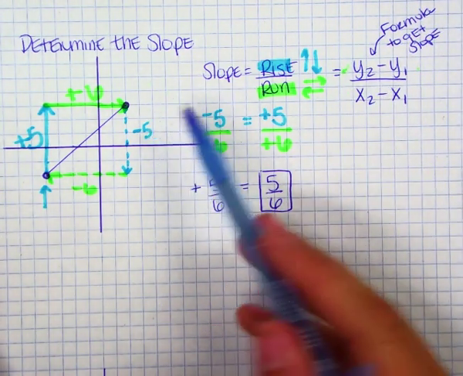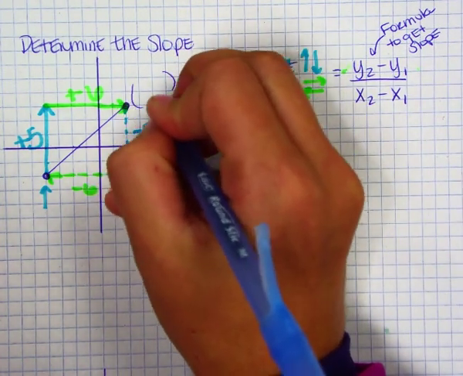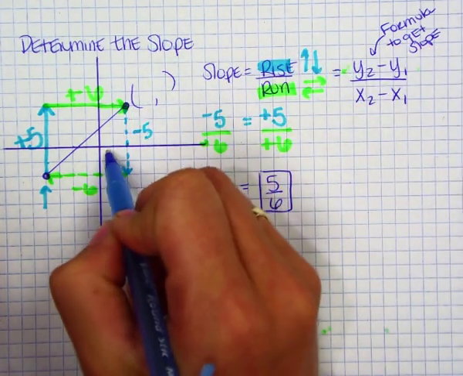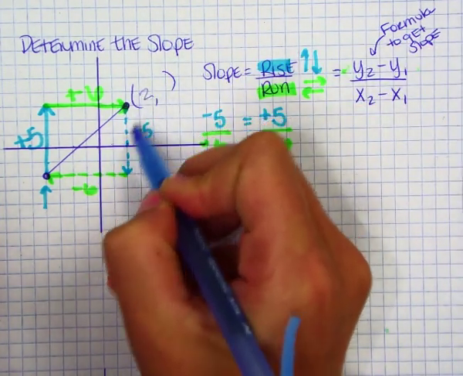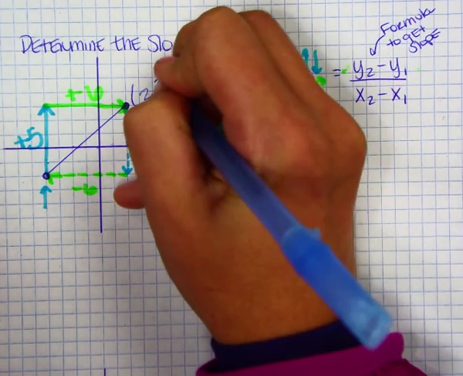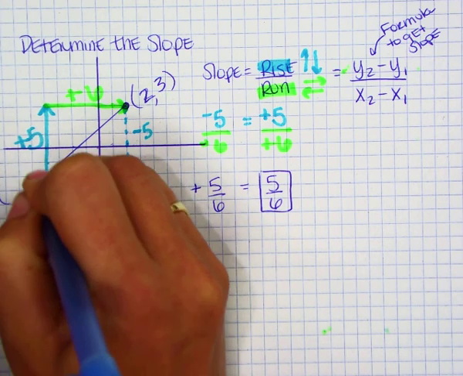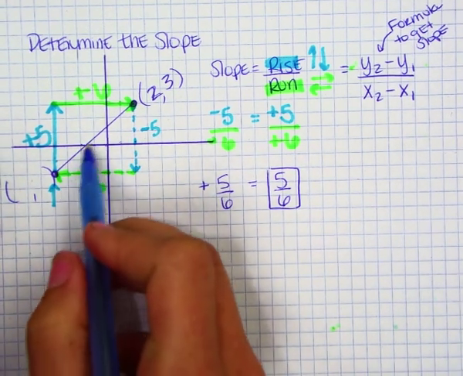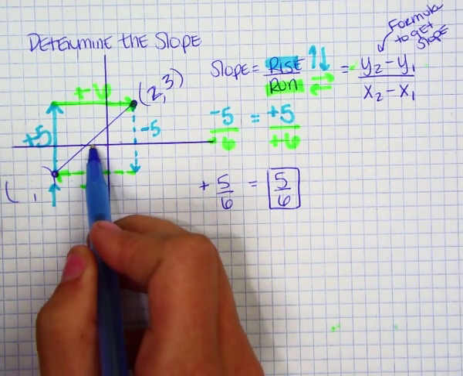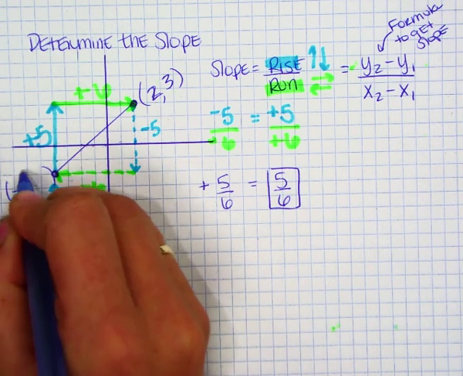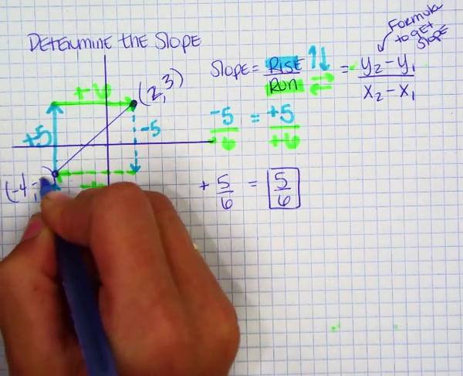So let's quickly find these coordinates. The coordinate of this point is right 2, up 3. The coordinate of this point is left 4, down 2.